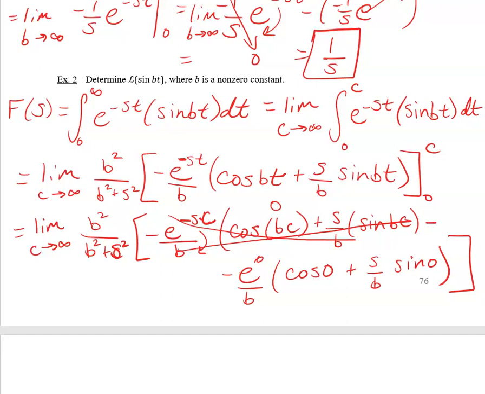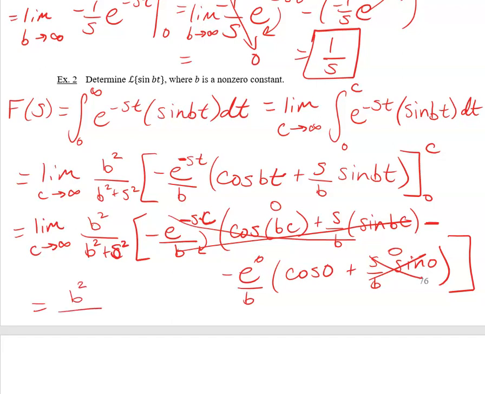As far as the rest of it goes, we've got e to the 0 power, well, that's going to approach 1, and it's negative, but there's already a negative here, so it actually is going to be positive. 1 over b times the cosine of 0, which is 1, of course, and then sine of 0, which is 0. So that gives me, remember this b squared over b squared plus s squared was in the front.